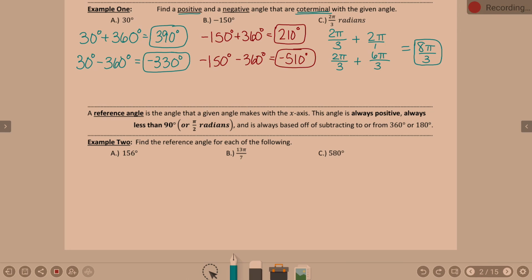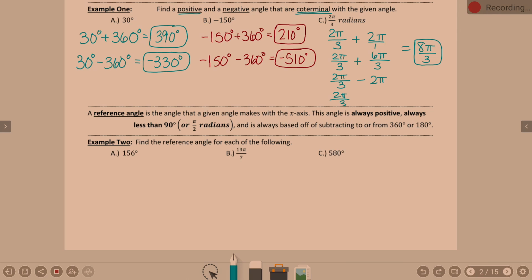How do I find my other coterminal angle? 2 pi over 3 minus 2 pi. Do the same thing.